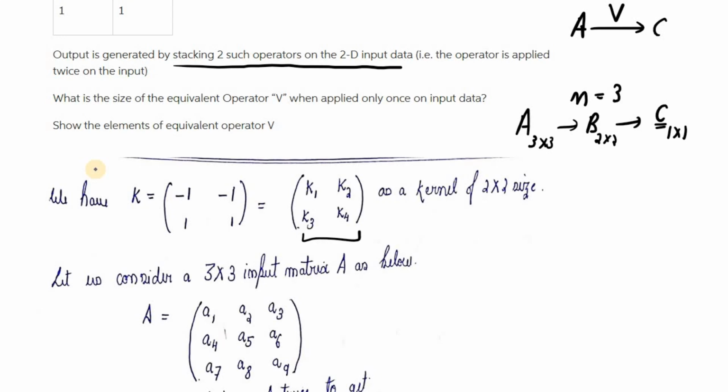We have a matrix A, which is a 3 cross 3 input matrix. The reason I already explained a bit above, and this is how the abstract form of A is going to look like. We don't assume any values over here. We just assume it is consisting of A1, A2, A3, A4 up to AN.